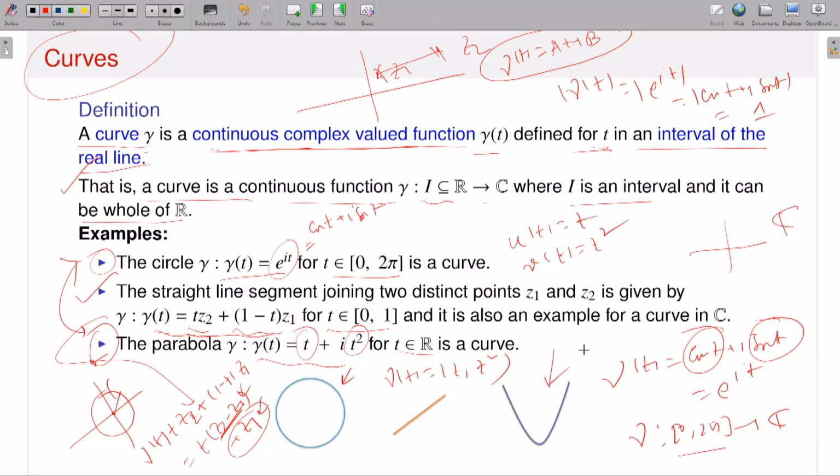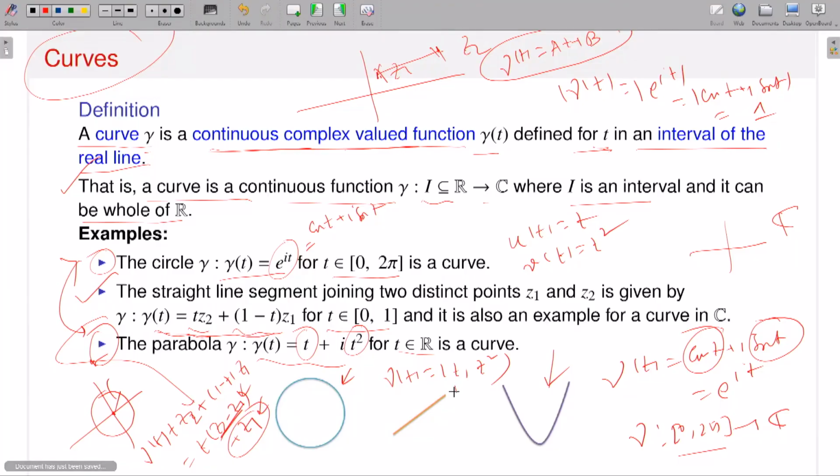Now if I draw a picture on the complex plane, it will be a parabola. You can think of it like in the R2 case. Suppose this is my x and this is my y. This equation will give exactly y equal to x square, and y equal to x square is nothing but the parabola in the R2 case.